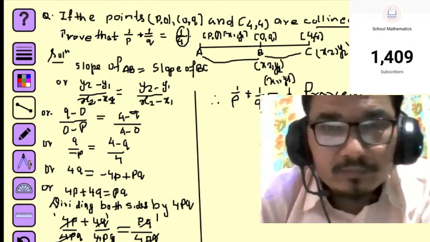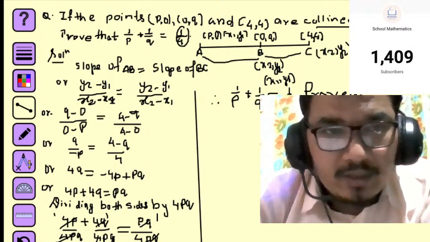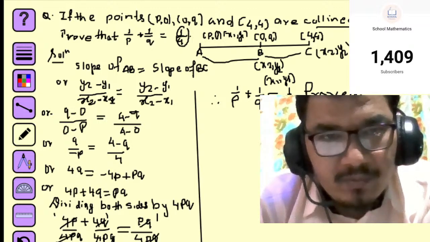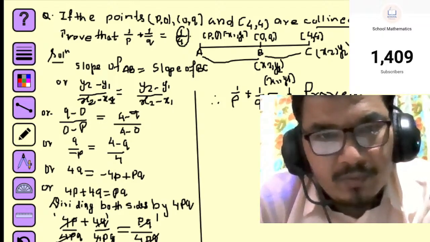Here also we can write, if you cancel this one, what is remaining? Therefore the second one we write first, 1 by p plus 1 by q, and the last one remaining is 1 by 4. It was asked to prove, so it is proved here.